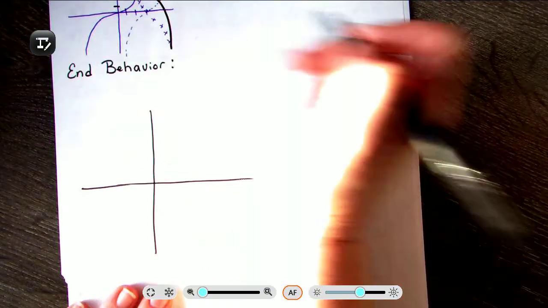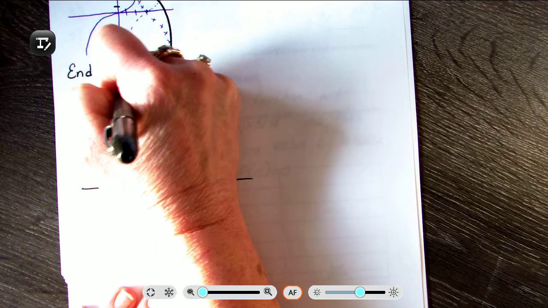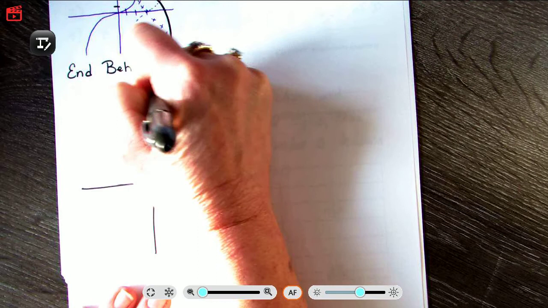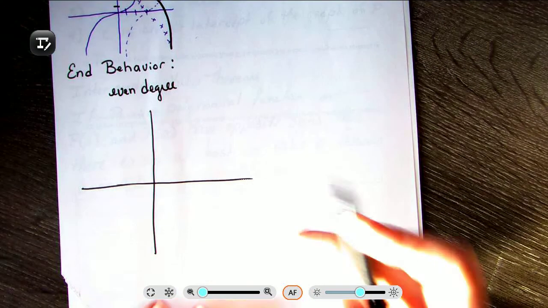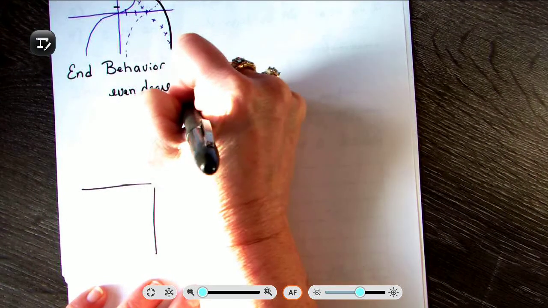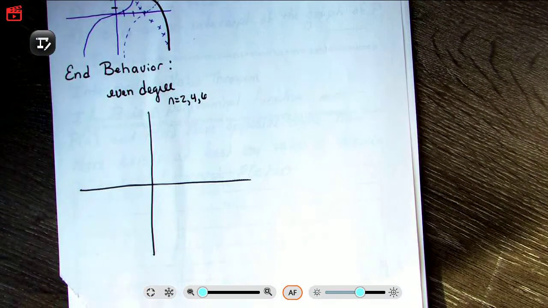If we have an even degree, so 2nd degree, 4th degree, 6th degree, so n is 2, 4, 6, and so on, what happens will depend on our leading coefficient.